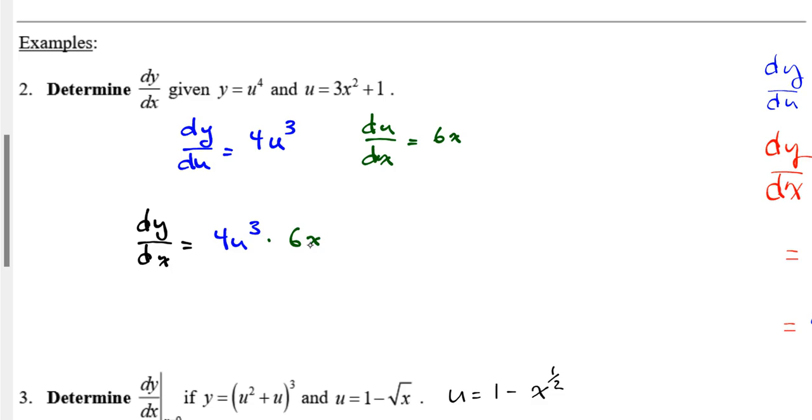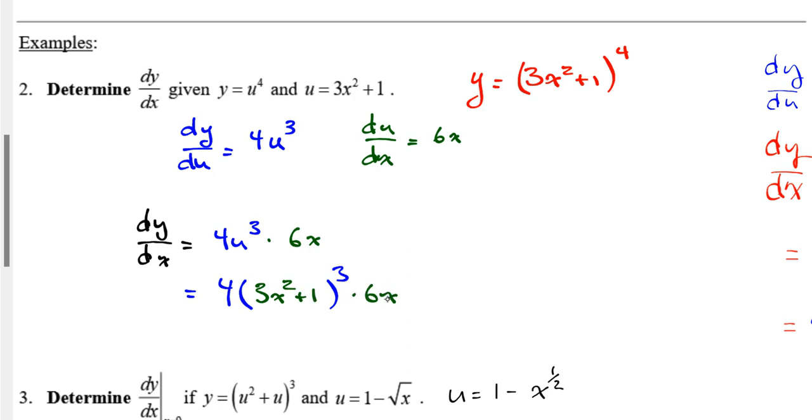But really the goal was to find the derivative of y equals 3x squared plus 1 to the exponent 4. So as our final step we substitute, replacing the u with 3x squared plus 1, and then we get 6x.